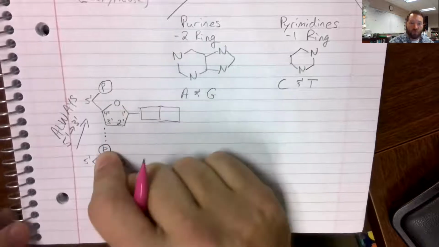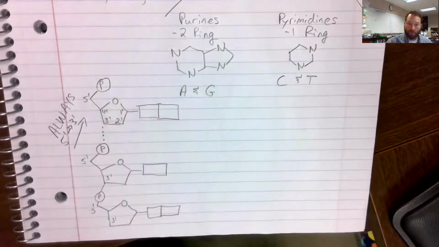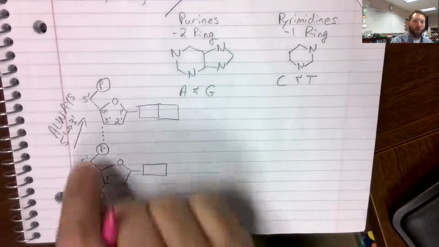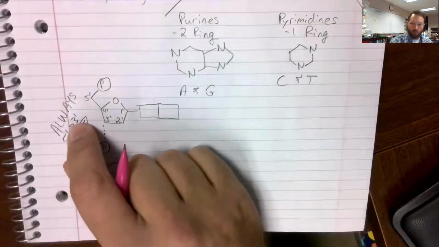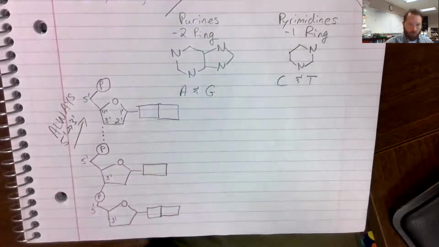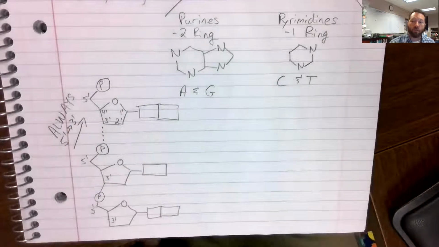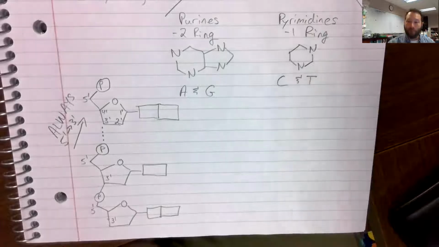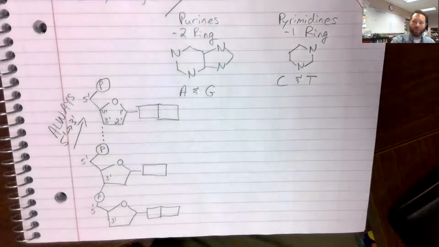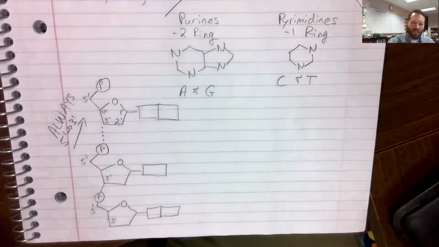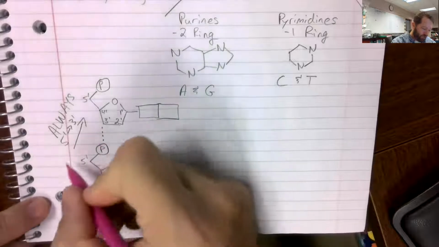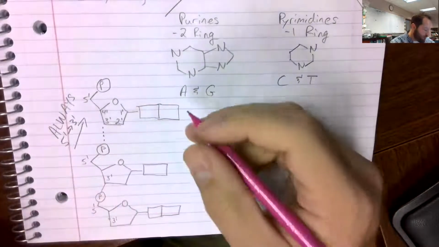You can't back this one in 3' to 5'. It just doesn't work that way. It always has to be 5' to 3'. Important today, and that's why you need to know the numbers, but that's going to be really, really important when we get to DNA replication in a couple days here. So make sure always linking 5' to 3'.